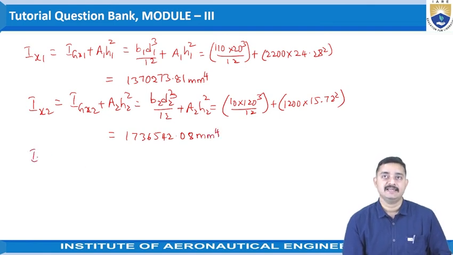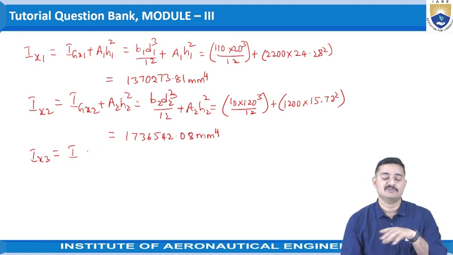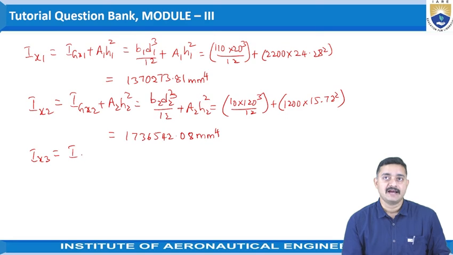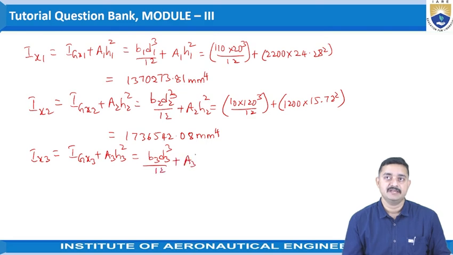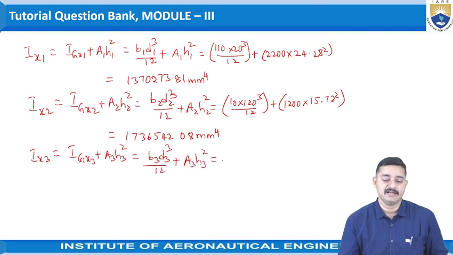Now coming to Ix3, the third part's moment of inertia with respect to the centroidal axis of the total lamina, Igx3 plus A3 H3 square. That would be B3 D3 cube by 12 plus A3 H3 square. So the values are 80 into 10 cube by 12 plus 800 into 70.72 square.